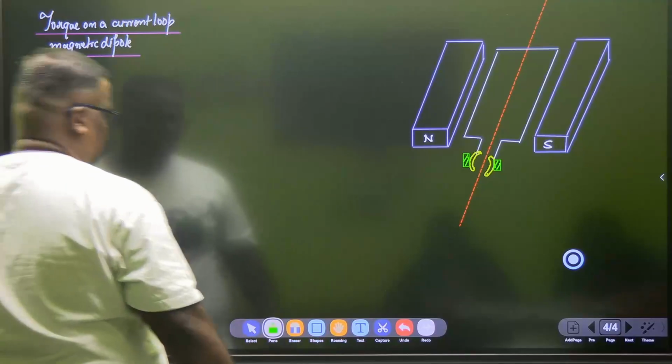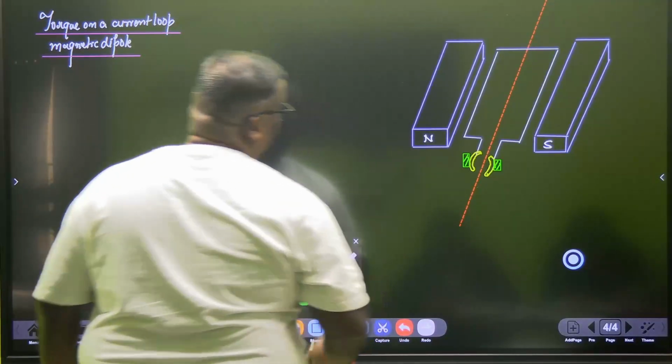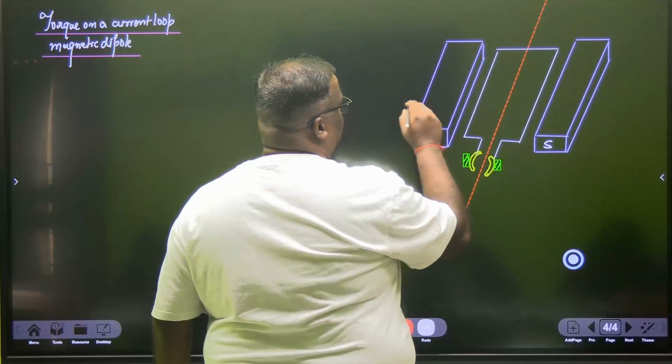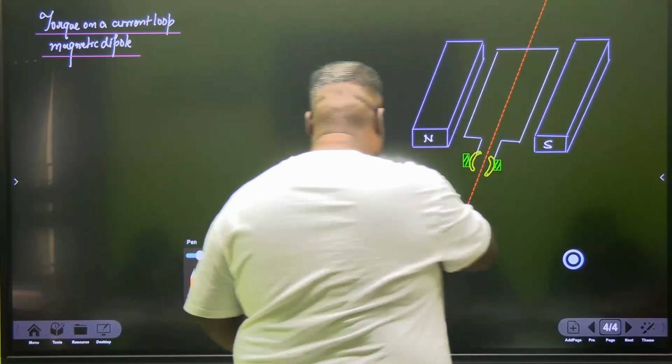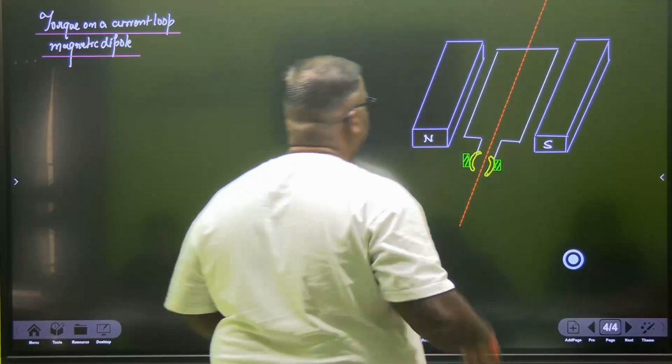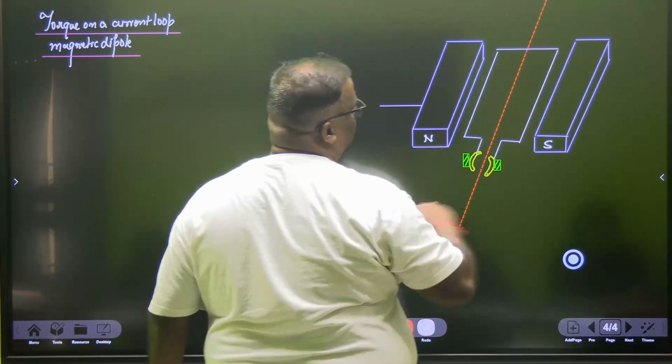That's it. So a bit of labeling. This is my magnet. It's a magnet.